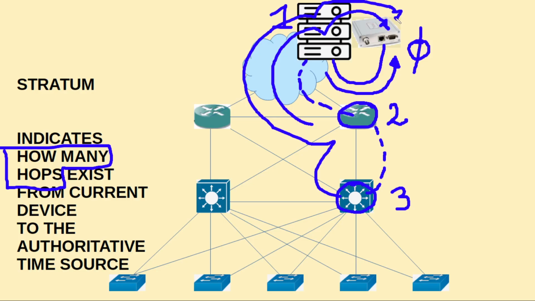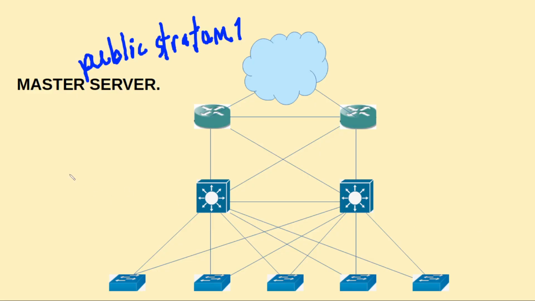Now, Cisco devices are not designed to become public stratum 1 devices. They are not designed to get connected to the GPS system or to atomic clocks.